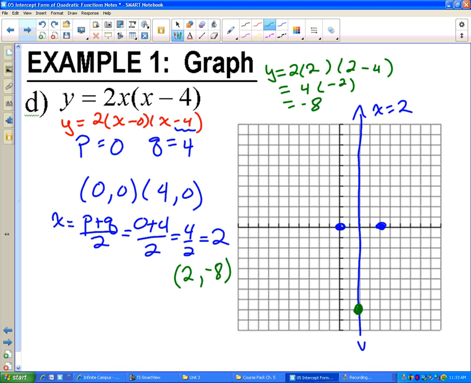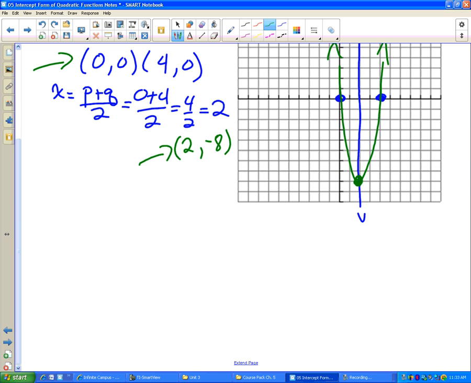Because a is positive 2, this graph should be going up. I have my axis of symmetry. I have my 3 coordinates, my vertex and my 2 intercepts. I need my domain and my range. My domain, x is an element of all real numbers.